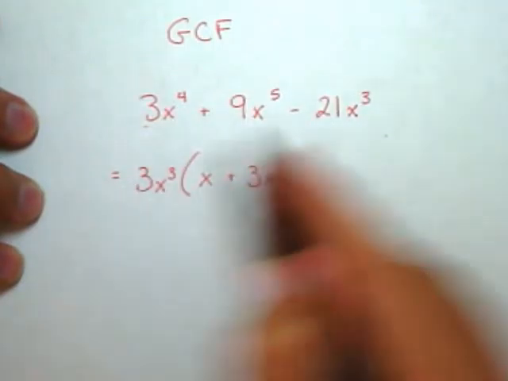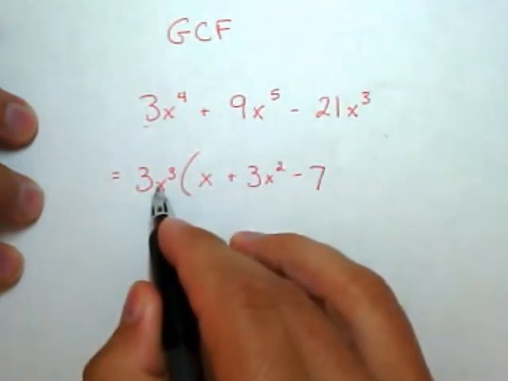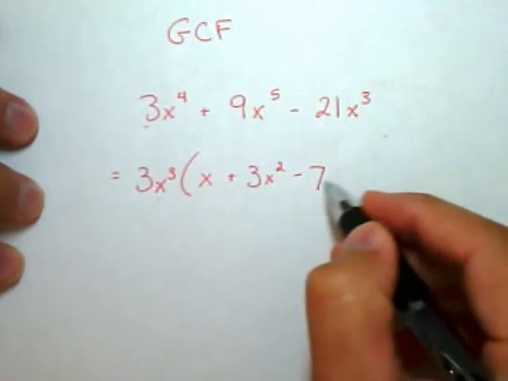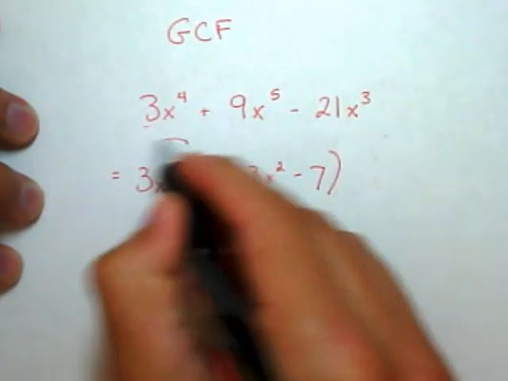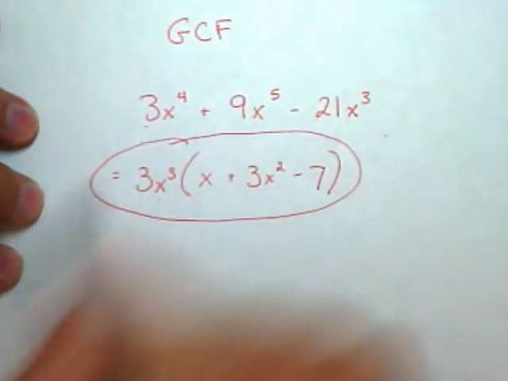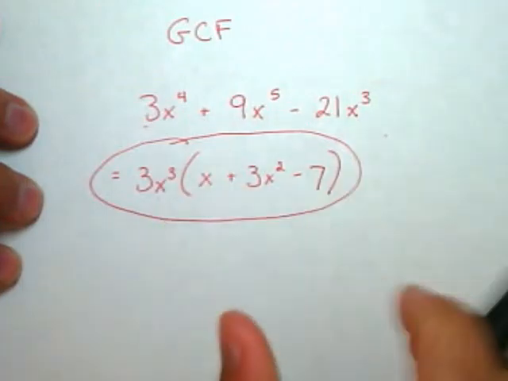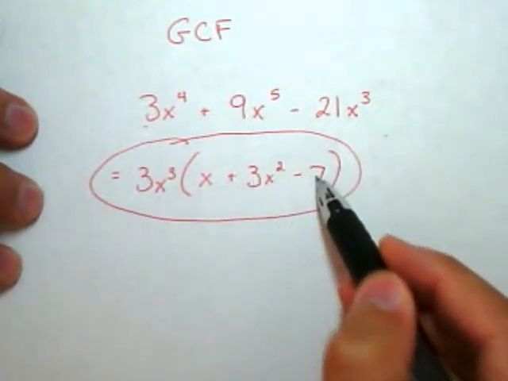Negative 21 divided by 3 is negative 7. X to the third divided by x to the third is just 1. So if you put 1 here, it would be negative 7 times 1, which would still give us a negative 7. And that would be our answer after we factored out 3x to the third, parentheses, x plus 3x squared minus 7.